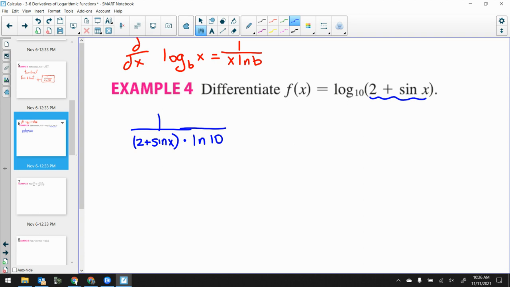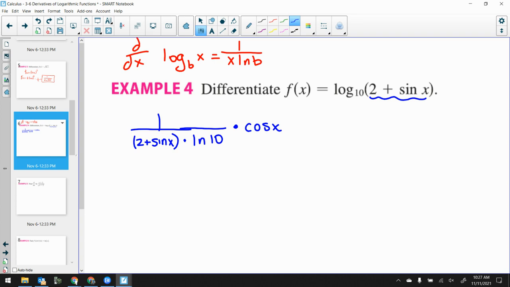Now don't forget that natural log of 10 is just a number, an irrational number. Okay, that's the derivative applied to the logarithm, and now we work with the chain rule. We multiply by the derivative of the inside. Well, the derivative of 2 is 0. The derivative of sine is, again, cosine. So it's times cosine x.